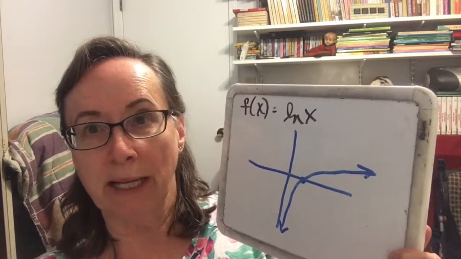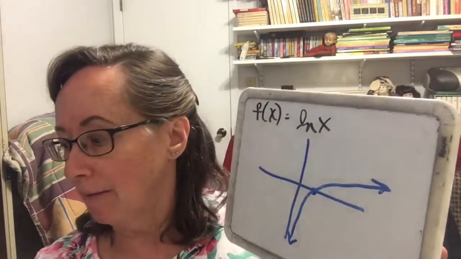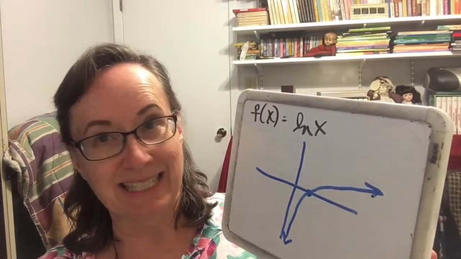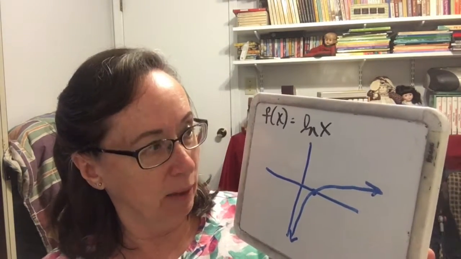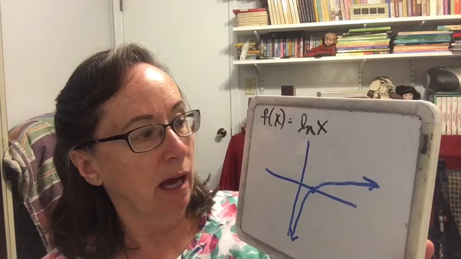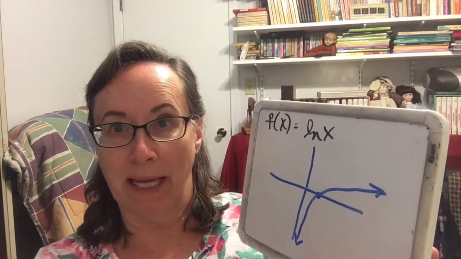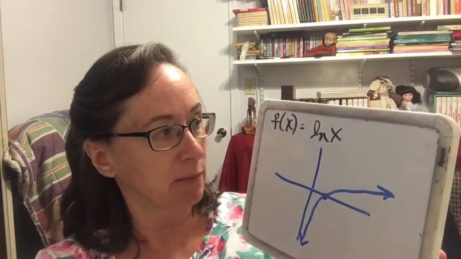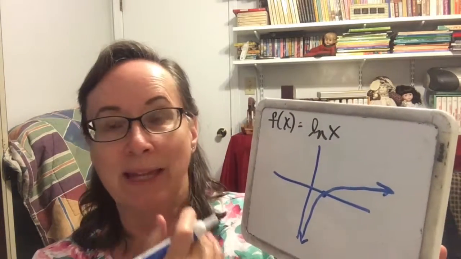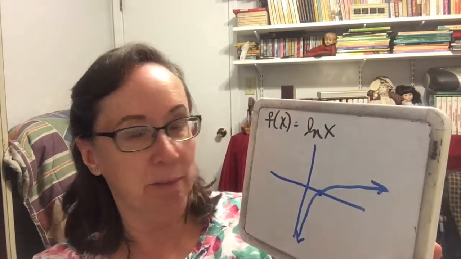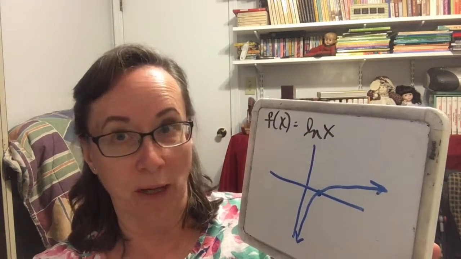But of course, we need to put in some values if we're going to see more exactly what it looks like. So since this is log base e, that's what the natural log is, then at e, log base e of e would be 1.